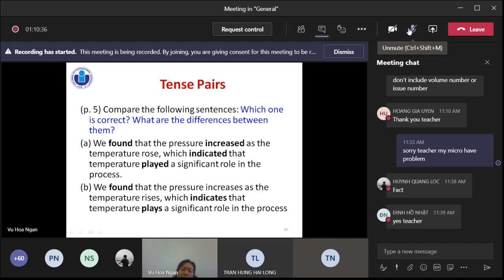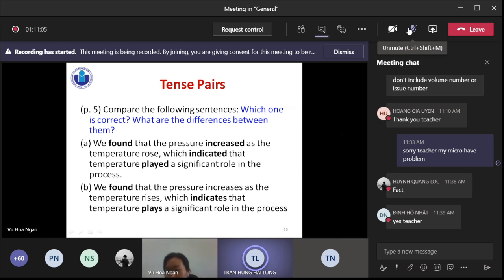So what's the difference then? So Long, what's the difference? In A they use the past simple, but in B they use the simple present tense.